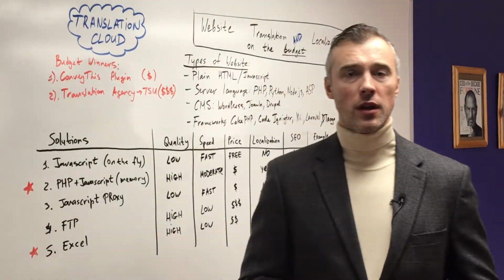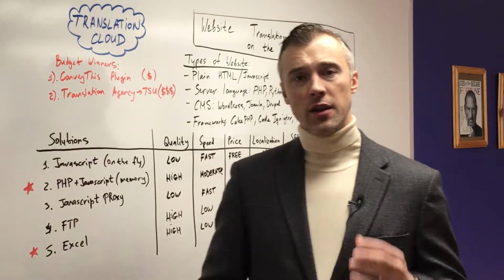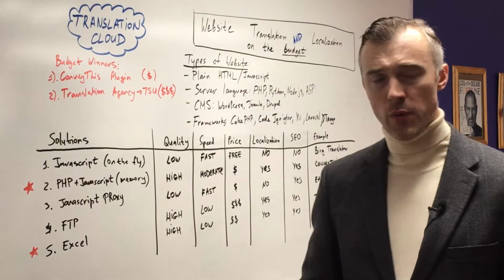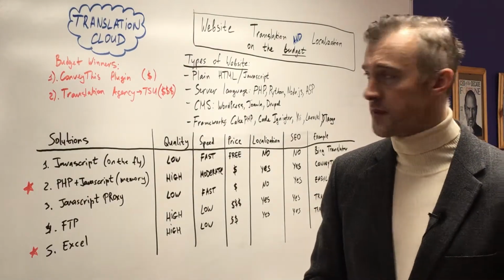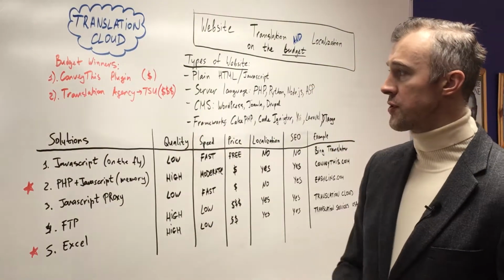If you are contemplating translating your website, you don't know how to get started, and you don't have enough resources to throw around and experiment with lots of options, I would go first with option 1, which is Convey.